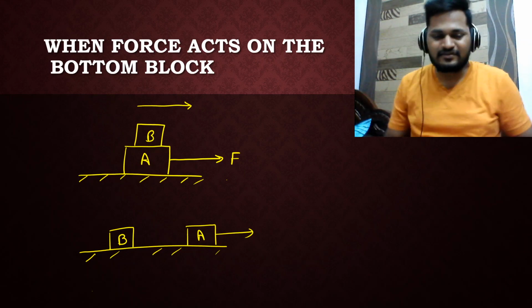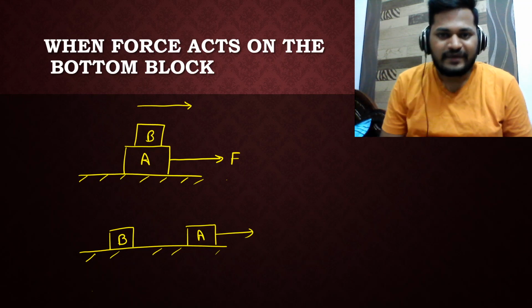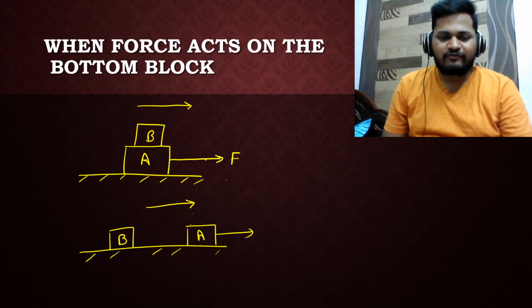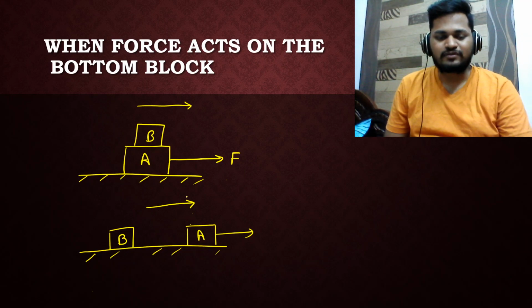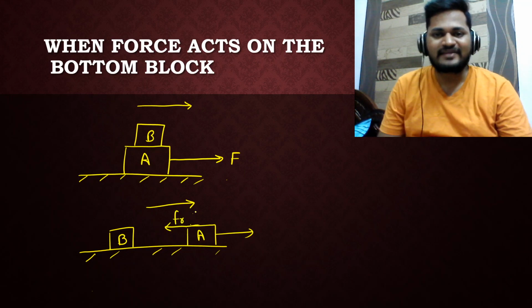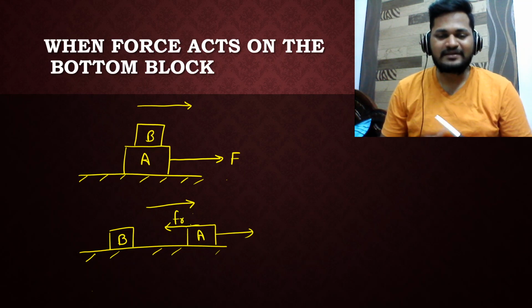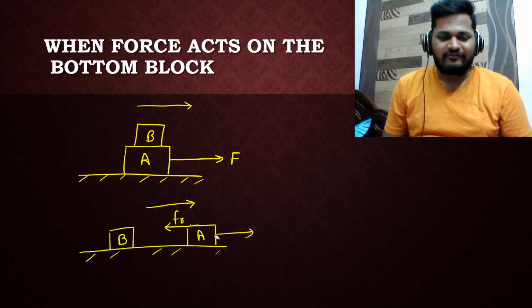Obviously in the forward direction. So the relative motion of A as seen by B is forward. Friction opposes relative motion, so on A, friction should act in the backward direction.